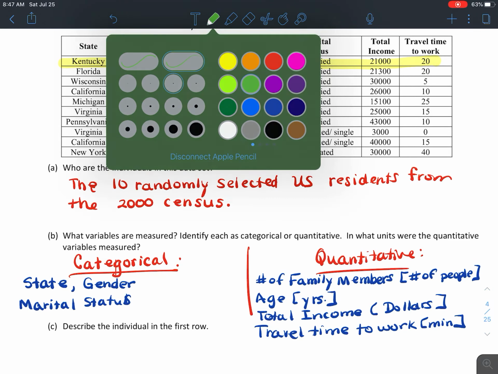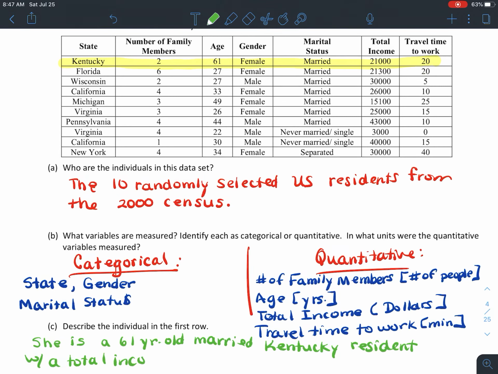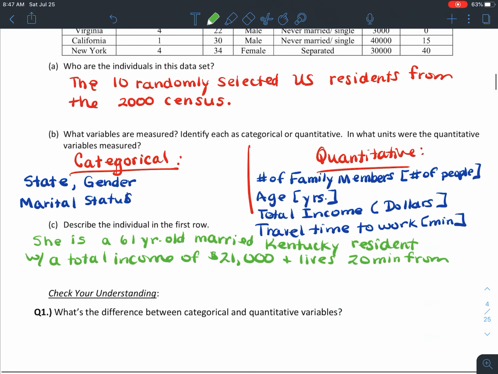If we were to describe that individual, we could say that she is a 61-year-old married Kentucky resident with a total income of $21,000 and lives 20 minutes from work.